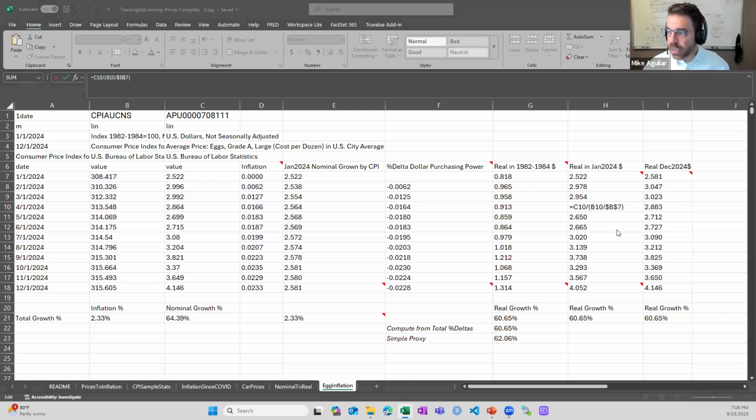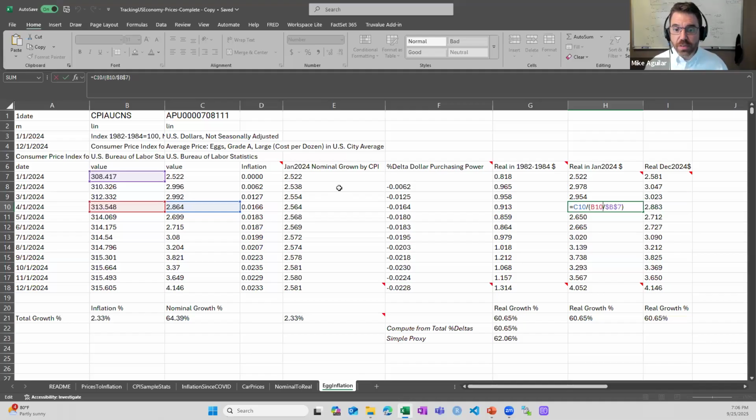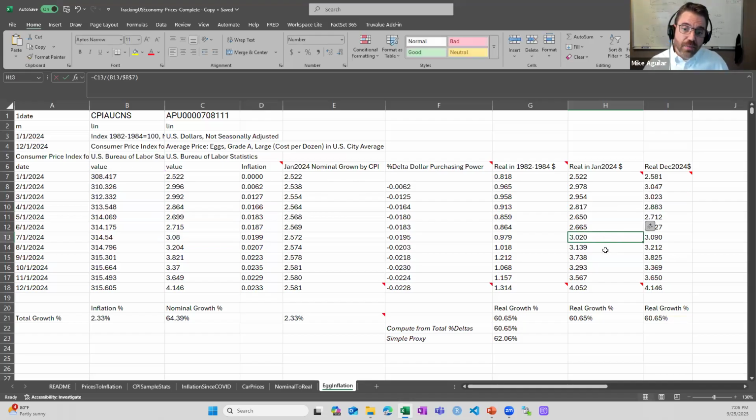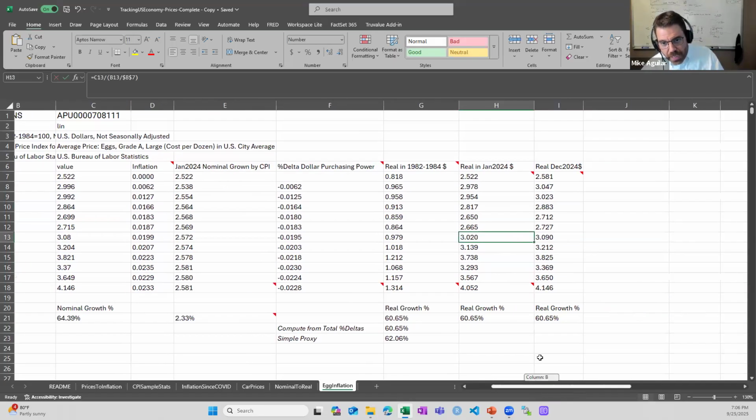And again, go back. That's exactly the formula. Nominal divided by the ratio CPI-T over CPI base year. So I set a new base year. And I do that, remember, by locking in the B7 with the double dollar sign. And I get 4.052. What does that mean? Let me scooch over so you can read as I speak.